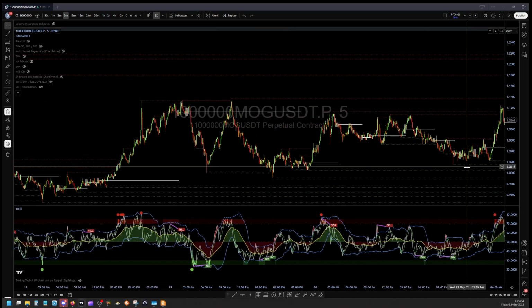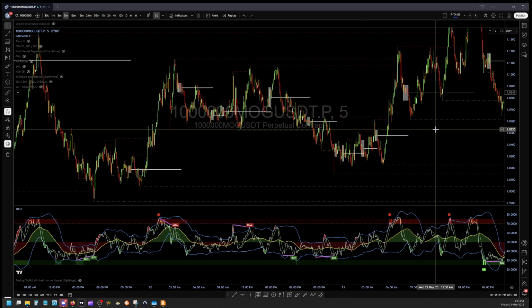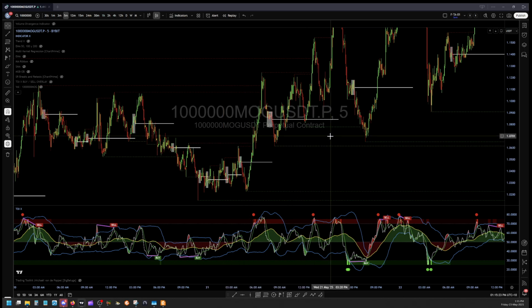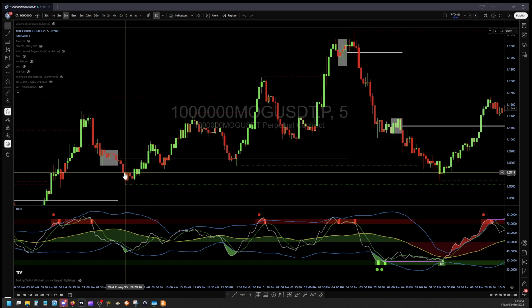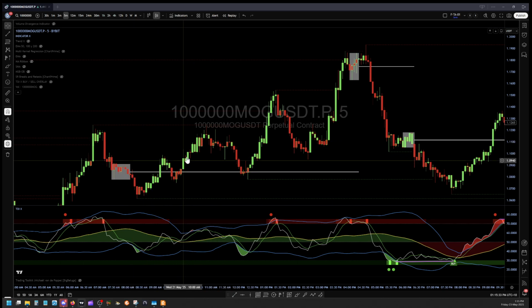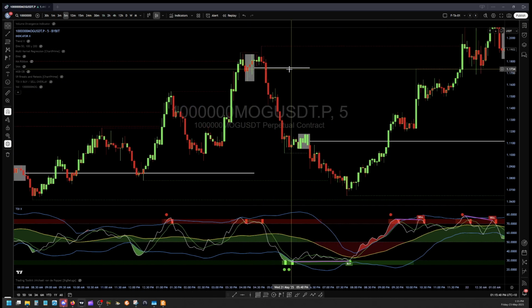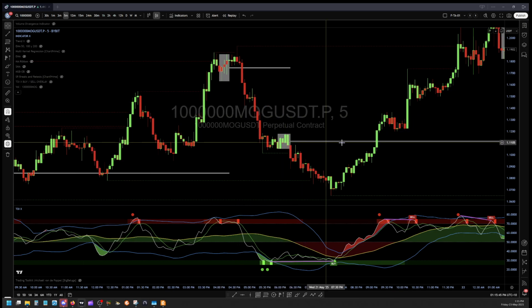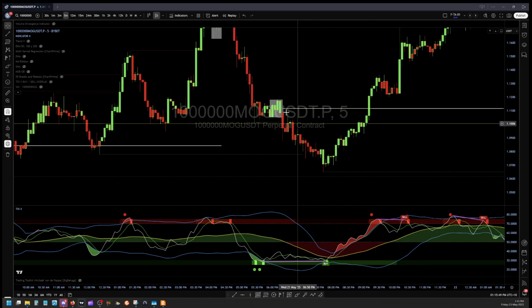You want to watch for stuff like this, price rejecting on value lines, and price obviously finding support on value lines. Here's a great one. The price was stepping up, and once it gets above it and comes back down to it, it's like, nope, I'm not going under that. And then it bounces and goes up. I see this so often. In some cases like that, this would probably be a good example, until the price came up to here, this could have been considered a naked point of control.